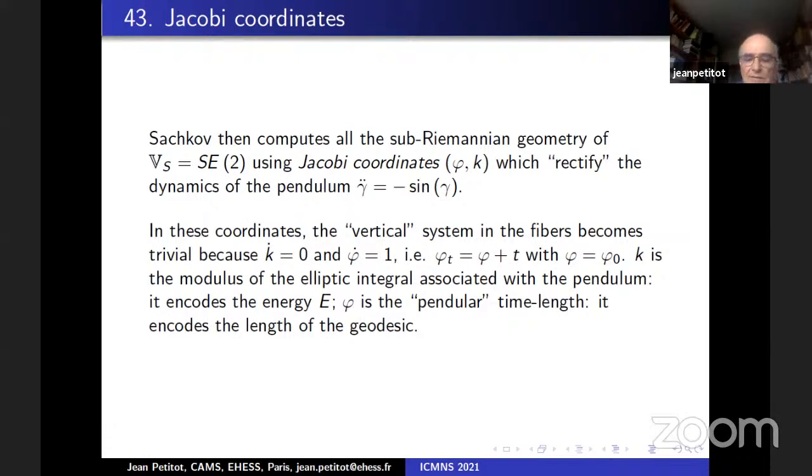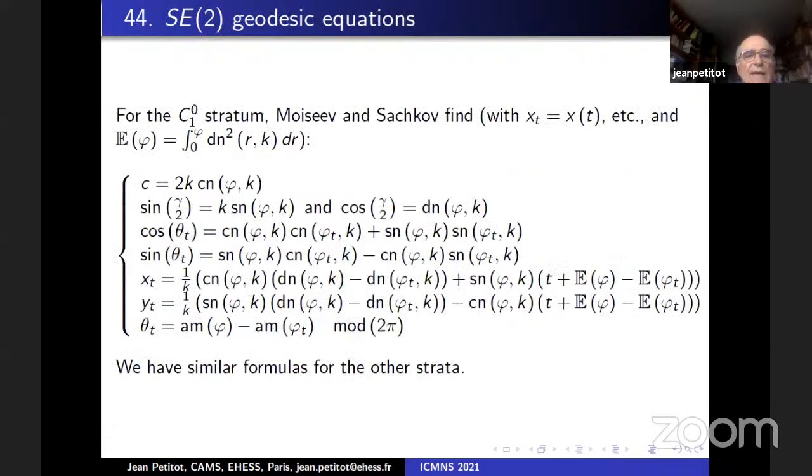It encodes the length of the geodesics. And for instance, for the C1 stratum, oscillating pendulum, Moiseev and Sachkov found the following equation with the Jacobi sn, cn, and dn elliptic functions. So we have this explicit formula, and we have similar formulas for the other strata.